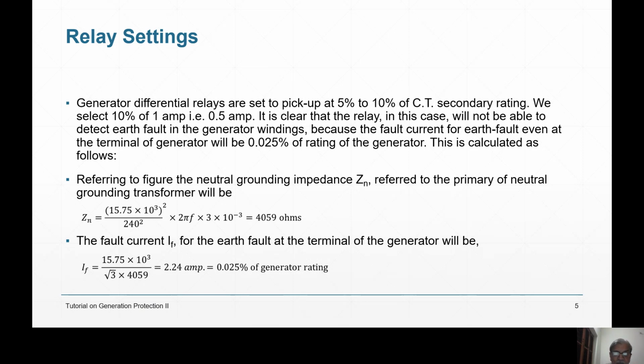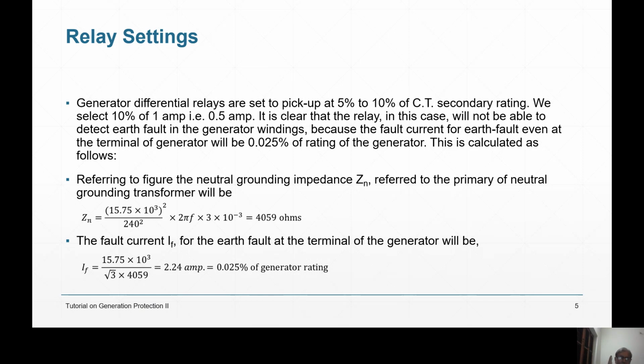So IF that you find out for the terminal fault, if the fault occurs somewhere at half of the winding, then it will be less, but terminal fault is 15.75 into 10 raised to 3 into root 3 divided by 4059, because IF is equal to 3 EPH divided by Z1 plus Z2 plus Z0 plus 3 ZF.